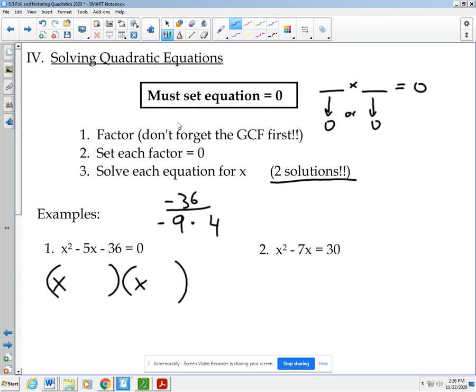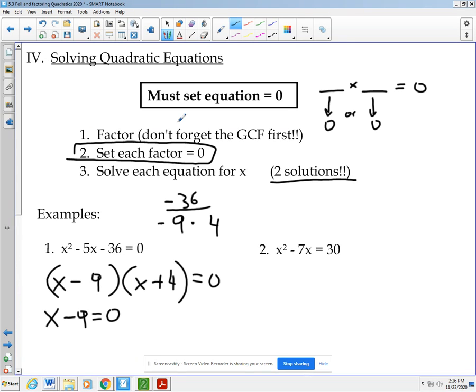So the factoring part is x minus 9, x plus 4, and this is equal to 0. So now, step number 2, set each factor equal to 0. So you will get x minus 9 is equal to 0, or x plus 4 is equal to 0.